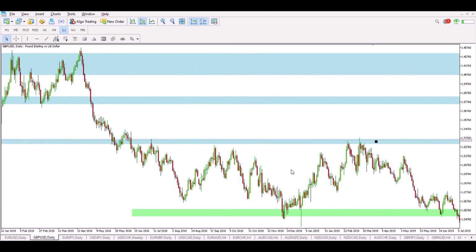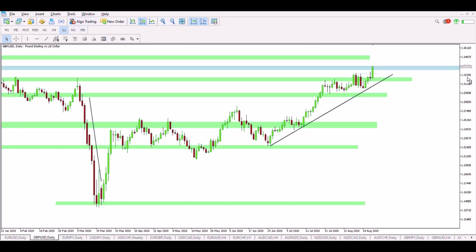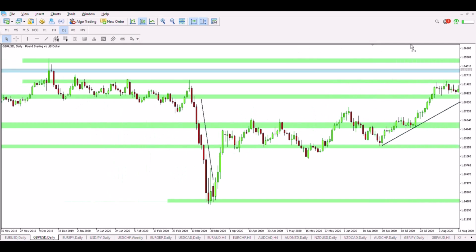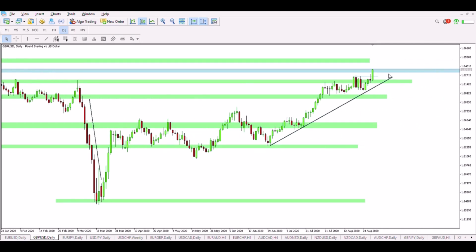So this is the current zone that the price has reached, and from here we can look for sell or buy opportunities to the next zone right here, or a pullback to this trend line.